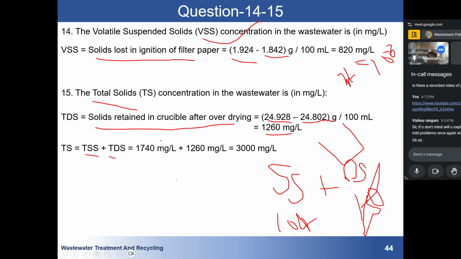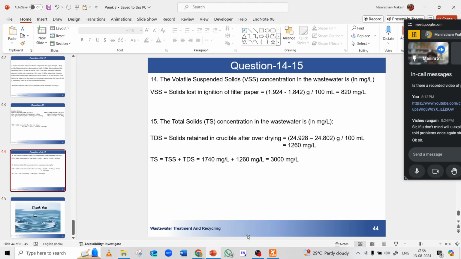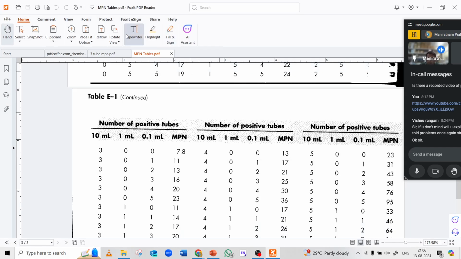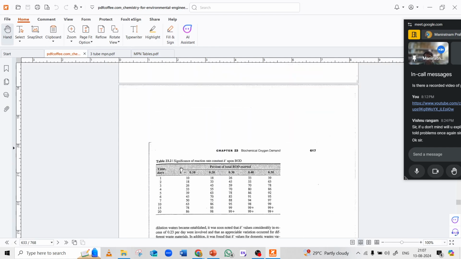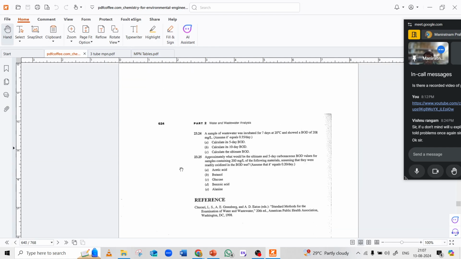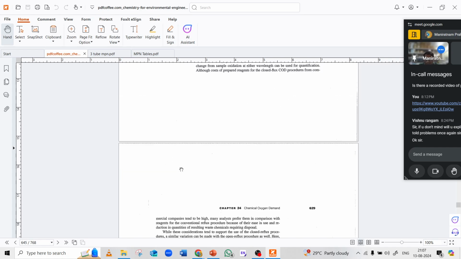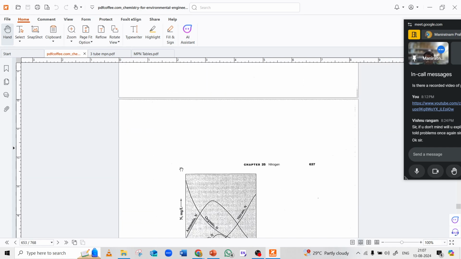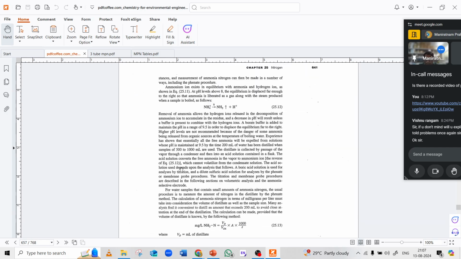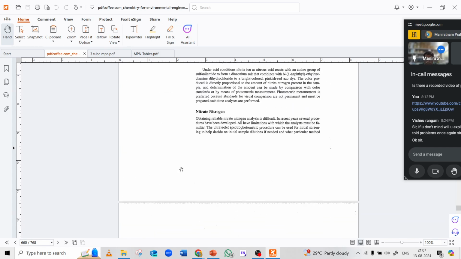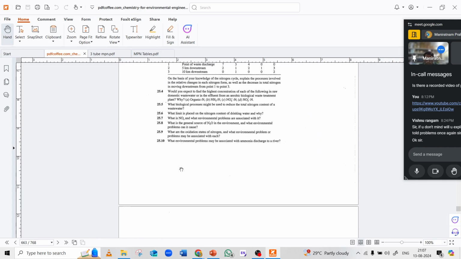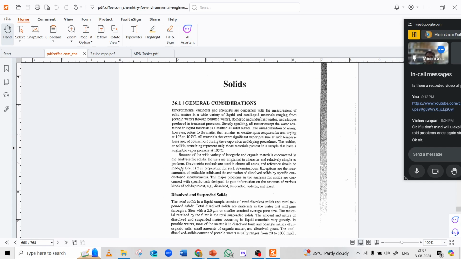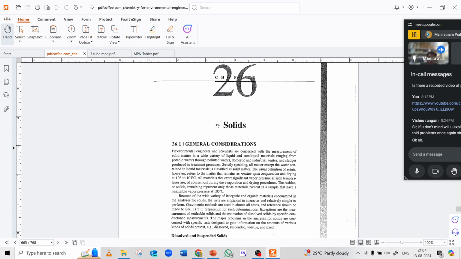So I think I have said it in a very fast way because time is limited, but I will ask you to go to chapter number 26 of this book. Go to chapter number 26 of this book.